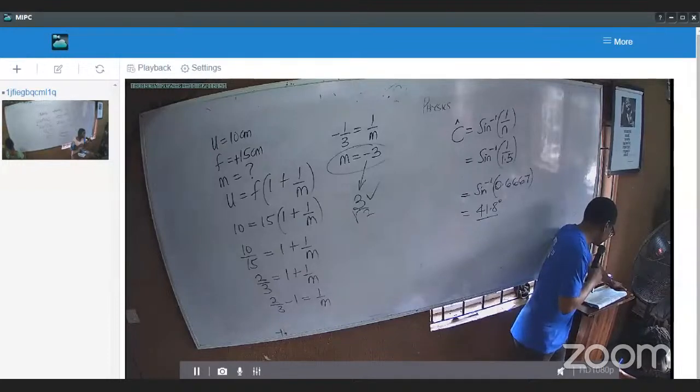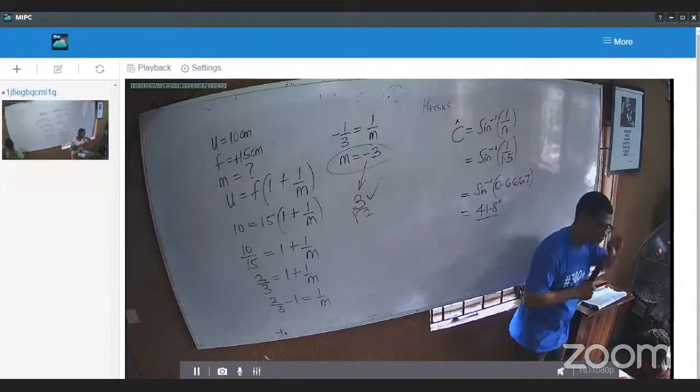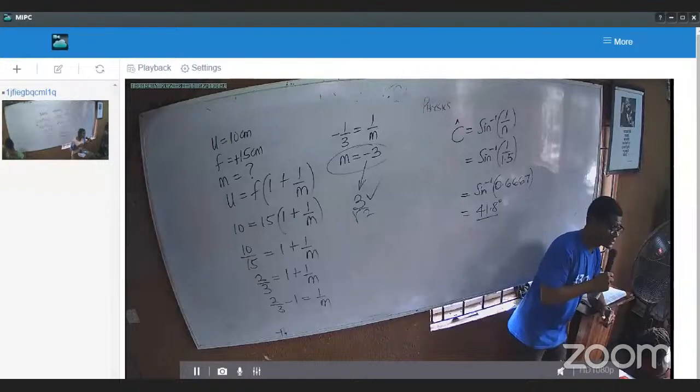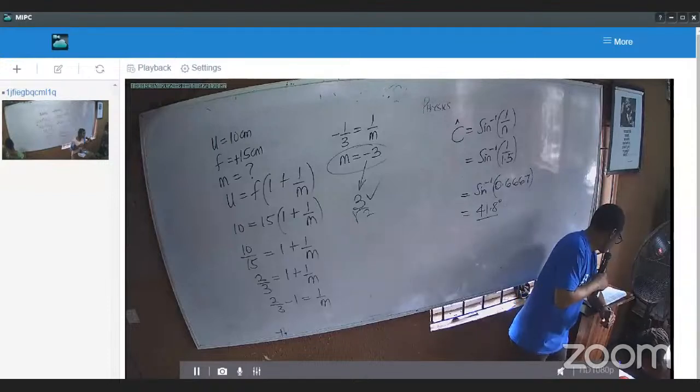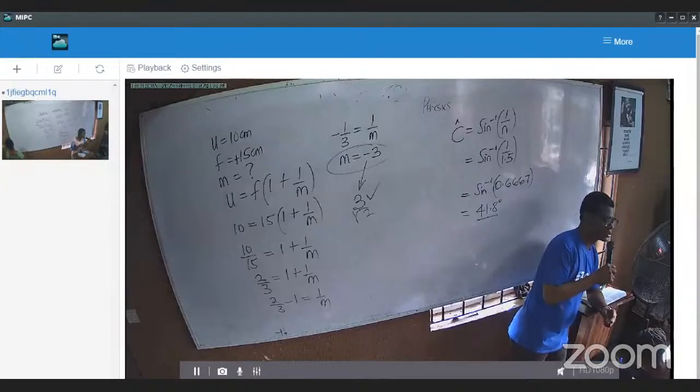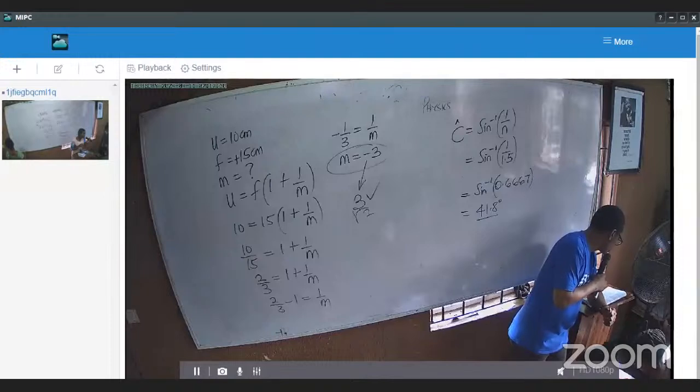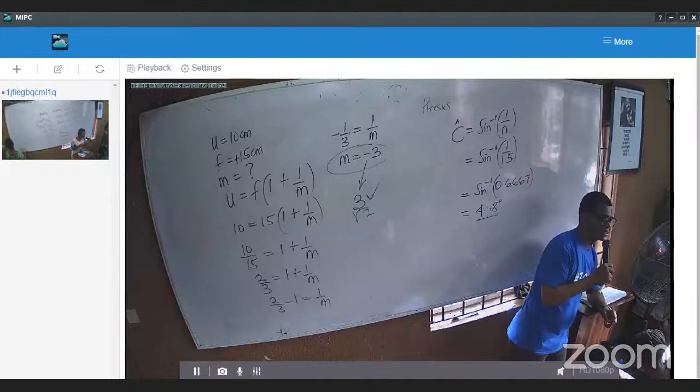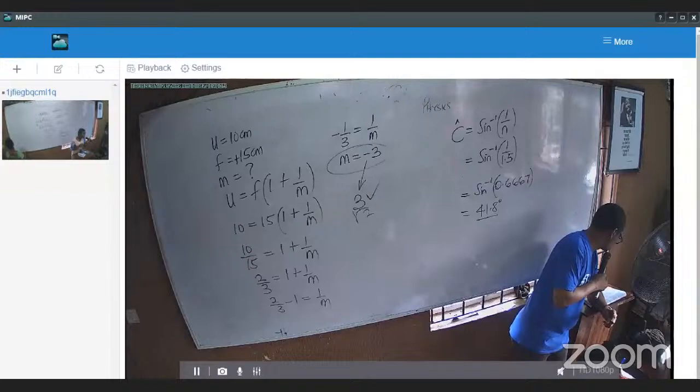Number 5. A diverging lens of focal length 30 centimeter produces an image 20 centimeter from the lens.